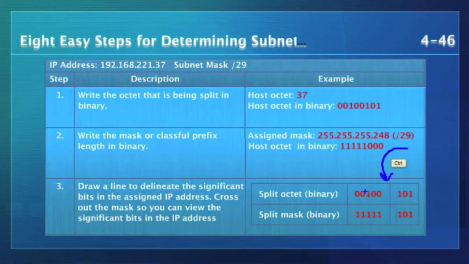These 5 bits represent the network information, and these last 3 bits represent the host information.